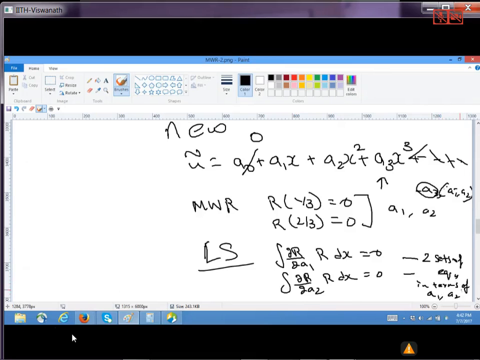If you solve for it, you can determine a1 and a2, and since a3 is a function of a1 and a2, a3 is also determined, and a0 is 0. Then you will get a better approximation. Like this, you can keep on improving it.